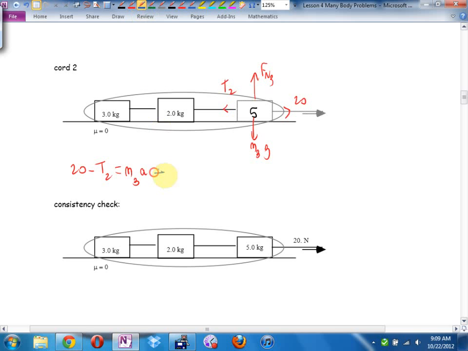Tension 2 equals 20 minus M3A. It's going to be 20 minus 5 times, what was A, 2? Newtons. It is 10, yes?